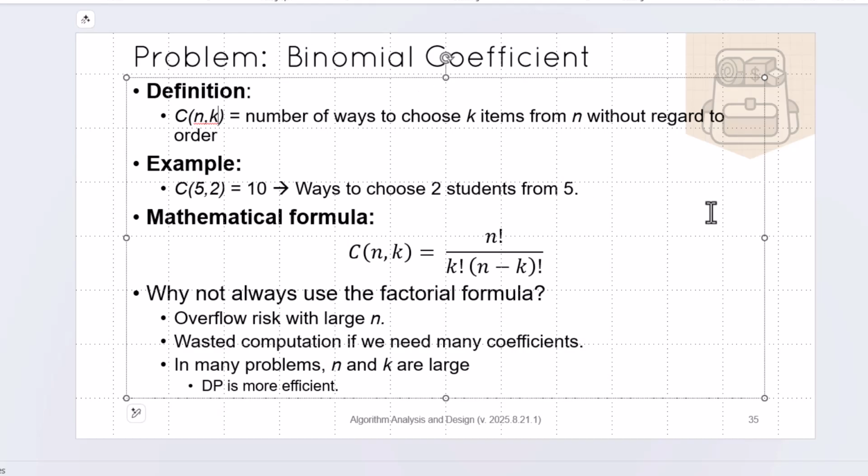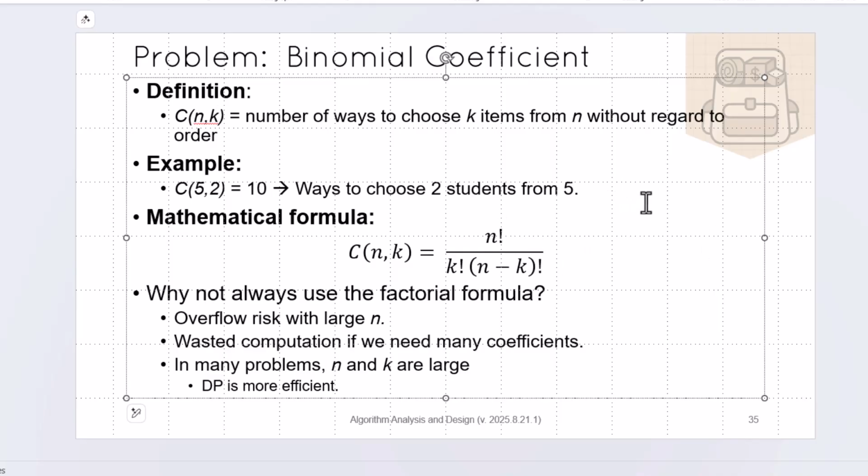As an example, the binomial coefficient C of 5, 2 is 10, because these are the ways to choose 2 students from 5. The mathematical formula we can use is C of n, k equals n factorial divided by k factorial times the quantity n minus k factorial.